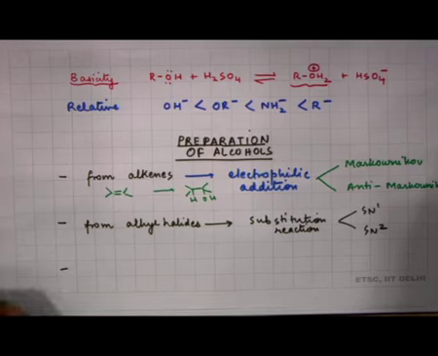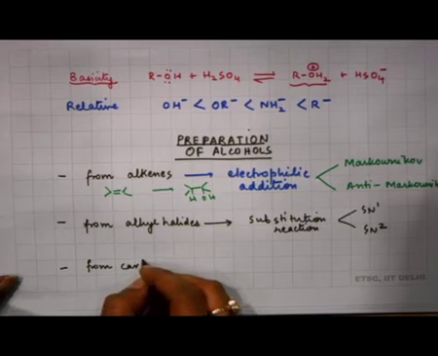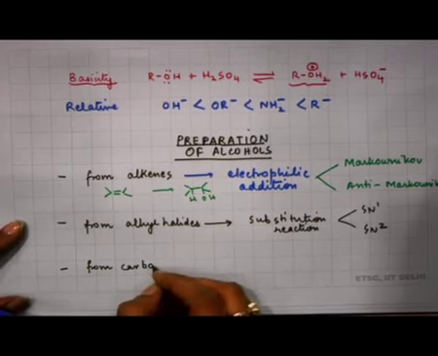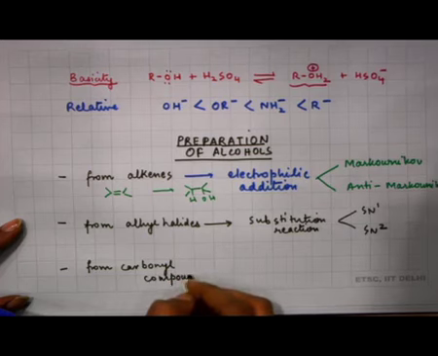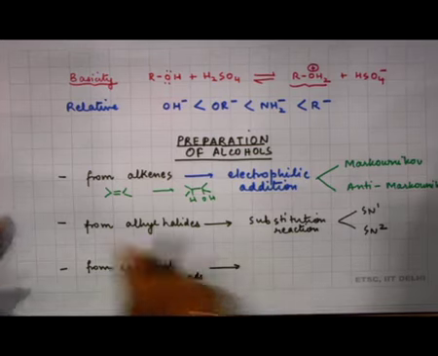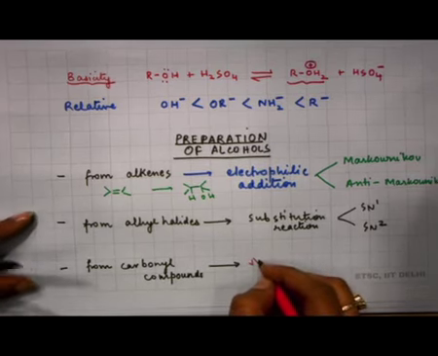Okay. The other important substrates are the alkyl halides, and alkyl halides can again be converted to the corresponding alcohols through substitution reactions. So, substitution of alkyl halides can yield us alcohols, and this again can go via SN1 or SN2 pathway. All right. And the third in the list is the carbonyl compounds, very important. They are the backbone of organic synthesis. The carbonyl compounds can also yield alcohols, and in this case it is through a nucleophilic addition reaction.